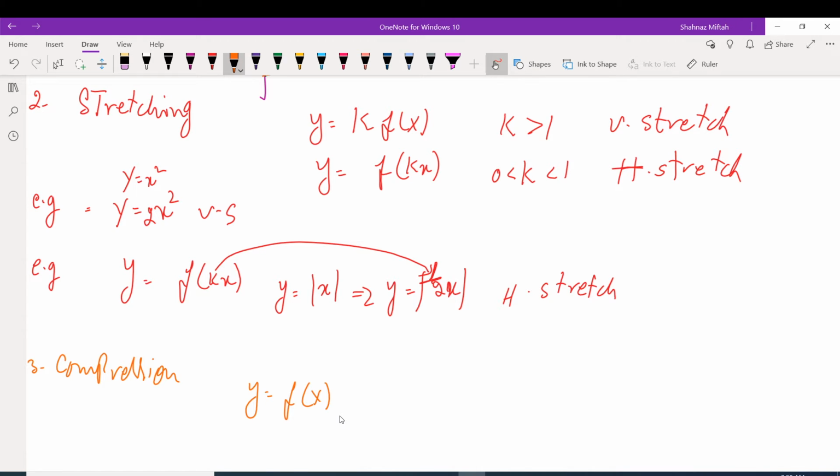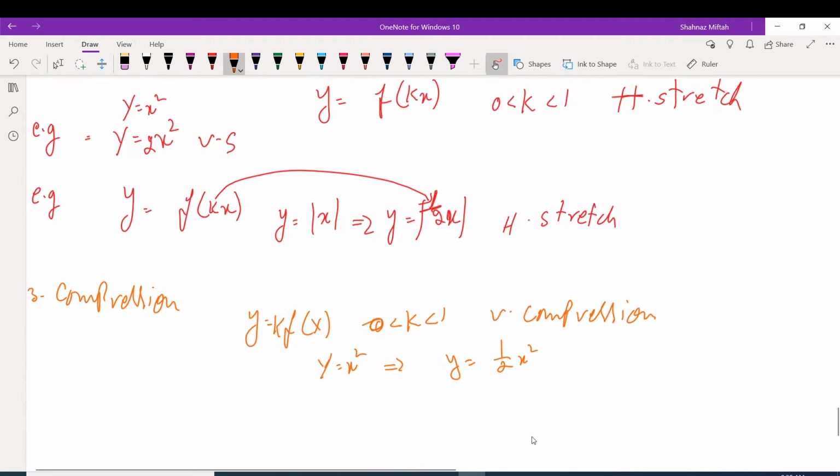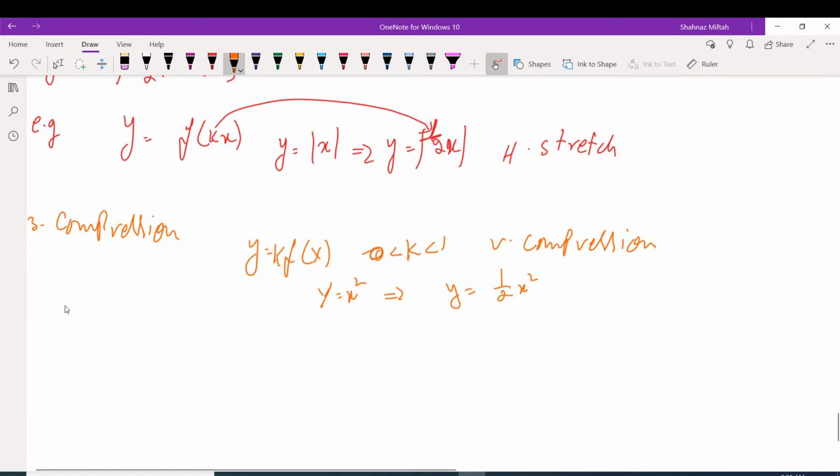If I have y equal k f of x, and the k is less than 1 or greater than 0, in this case in the coefficient like in the beginning, then it means that's vertical compression. For example, I have y equal x squared, the original one, and I'm changing it to y equal half x squared. Then this half is the k, which is less than 1 or greater than 0, then it's a vertical compression. Let's talk about horizontal compression.